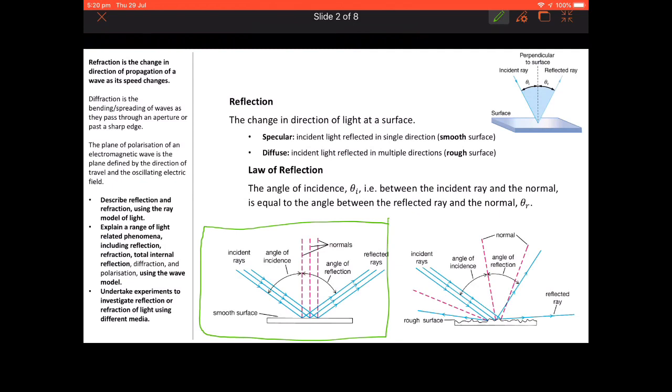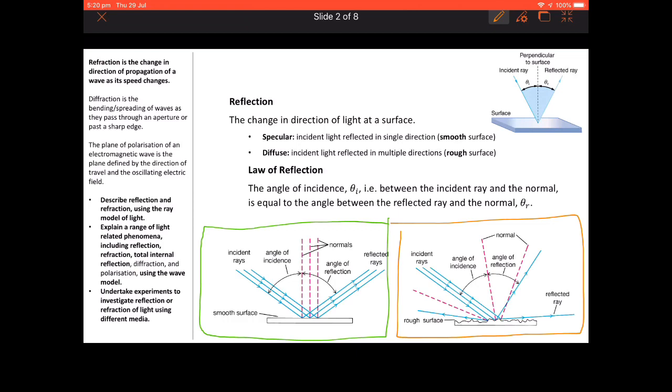All of the light rays are reflected in the same direction. You can get diffuse reflection as well, and this is where incident light is reflected in multiple different directions, and this happens with rough surfaces. The second example here is an example of diffuse reflection.